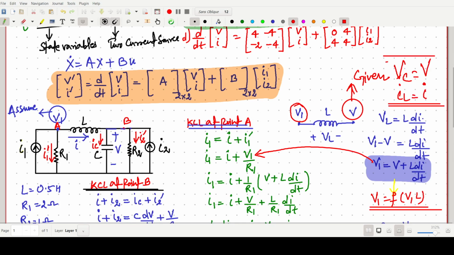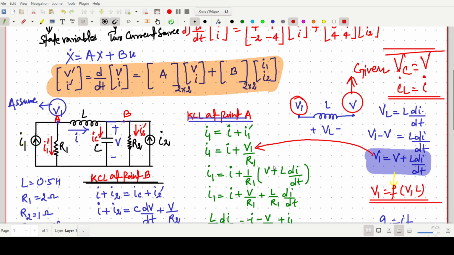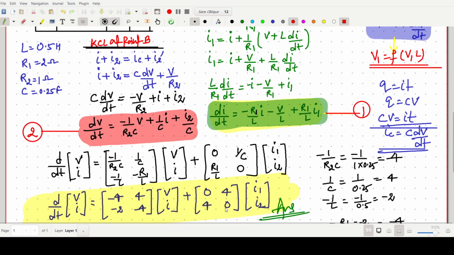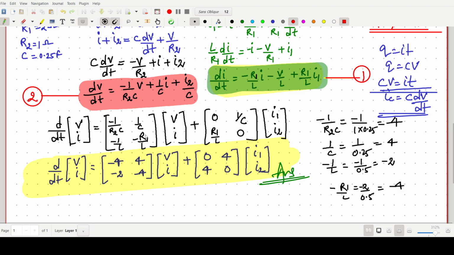So you have to solve KCL at point A and KCL at point B. Then we can identify the two equations. Then in the question it is V dash by I dash, so we have to write like that, and then find the A matrix and B matrix, and in that way write the whole equation.